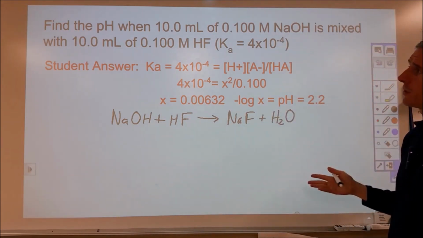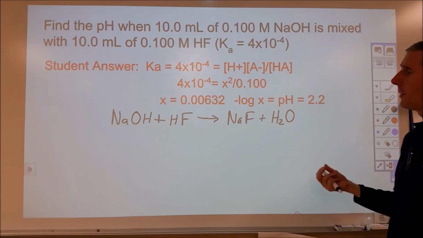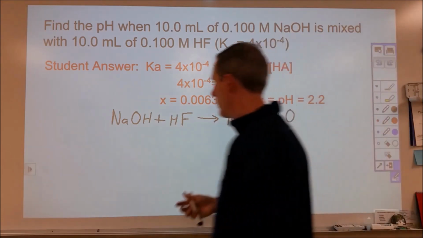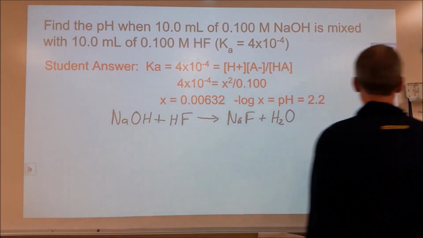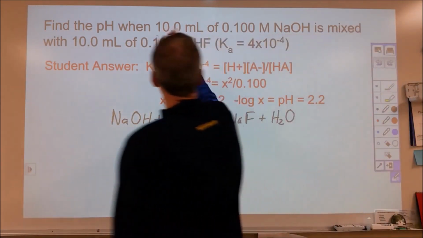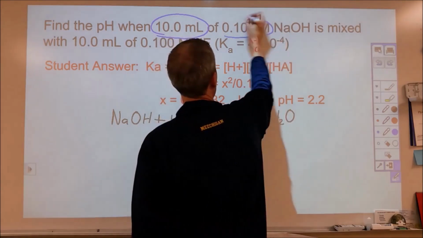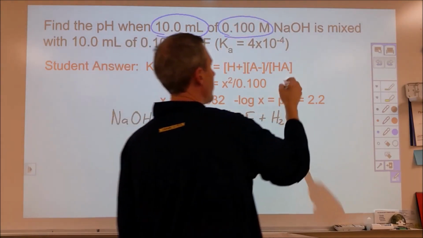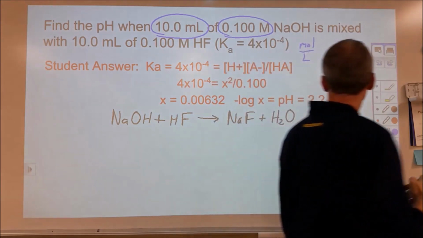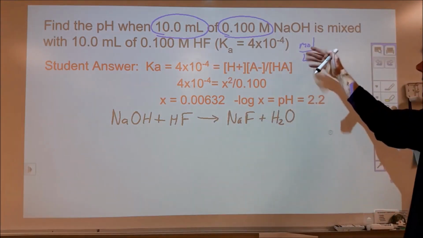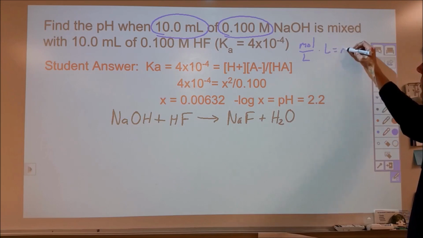For this, we're doing a stoichiometry calculation. We need to know how many moles of each chemical we have, and then we can figure out what we'll have in the end. Now to figure out moles, many students are not very keen on this, but the volume and the concentration combine to tell you the moles. Molarity is moles per liter, or moles per decimeter cubed. So the molarity times the liters will tell you the moles.